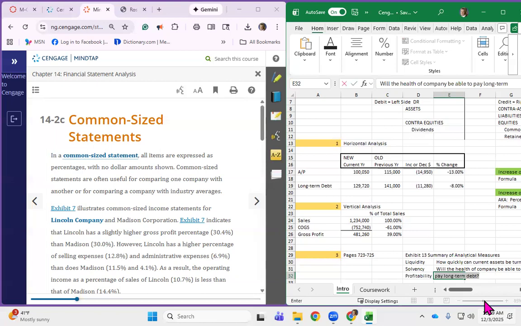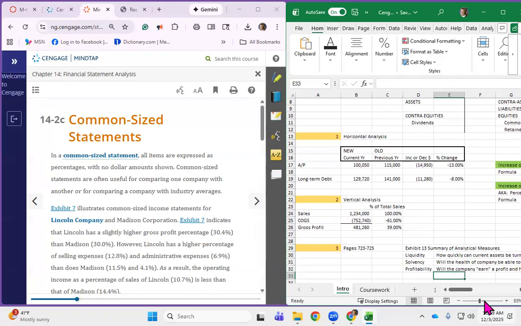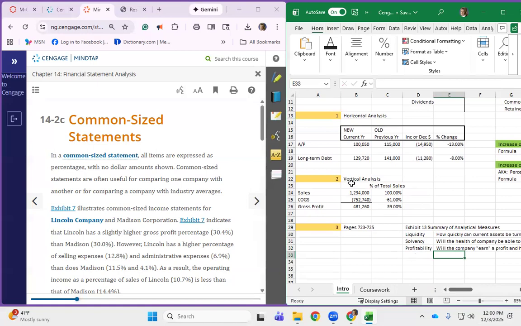Profitability: will the company earn a profit, and how much? So there are just some things to think about when you're thinking about liquidity, solvency, and profitability.